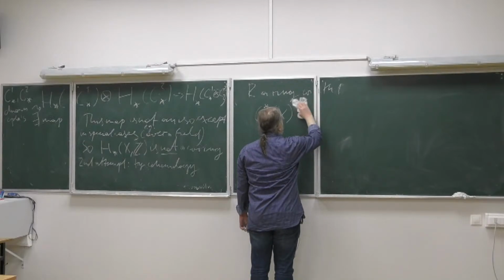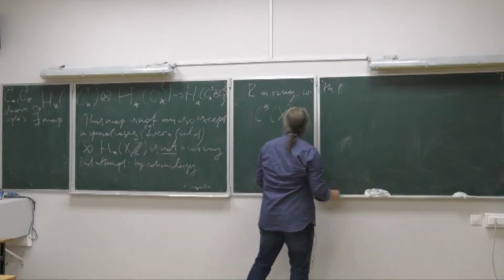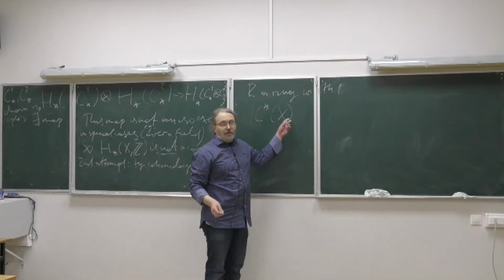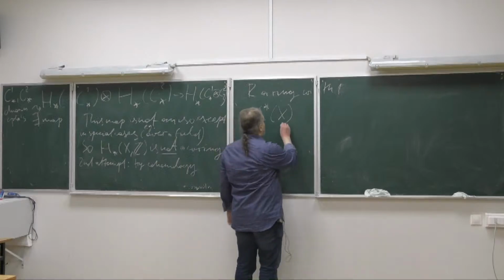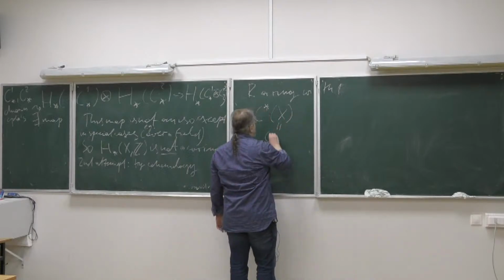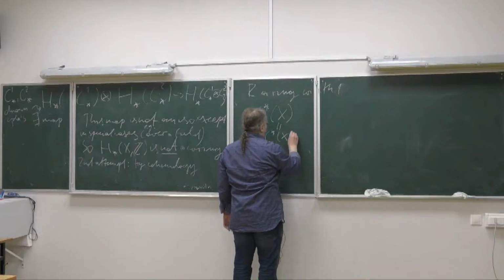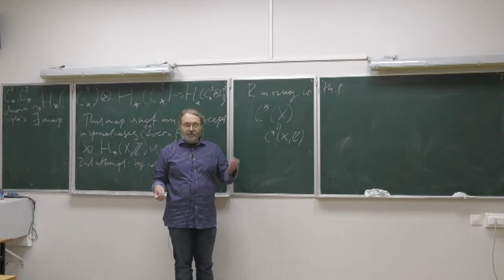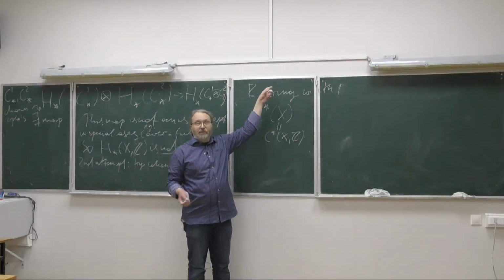Well, to begin with, let me start by just looking at singular cochains with coefficients in Z, and then we'll see how to include the ring.